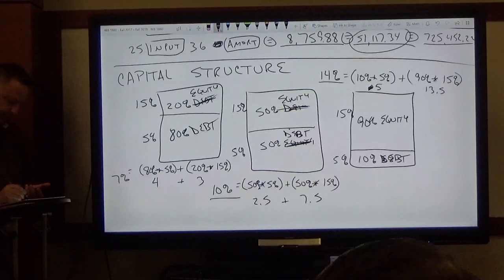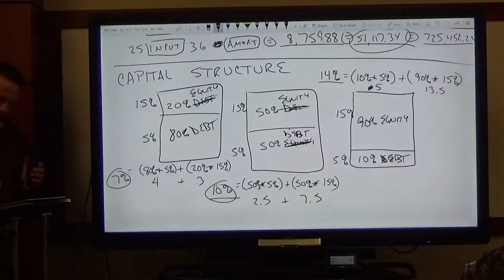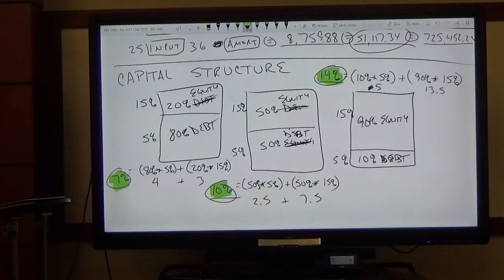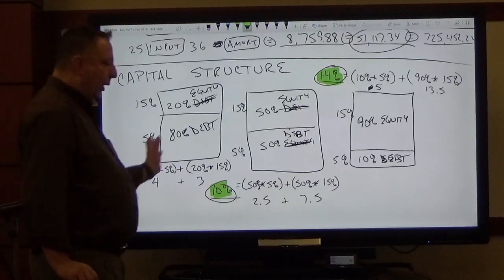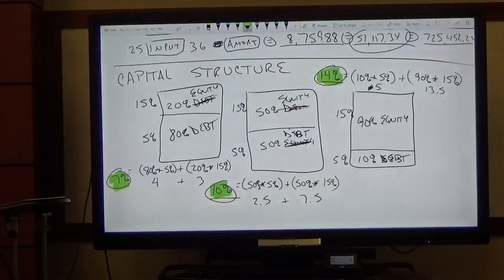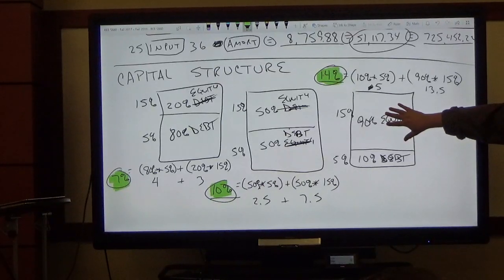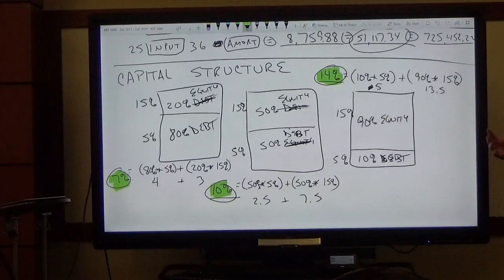Or 7%. All right, let's go through and try to explain each of these. At first glance, what I said earlier, you're going to question, because what I said, and I still stand behind this, is that this is the least risky structure, from the standpoint that you're only borrowing 10% debt.